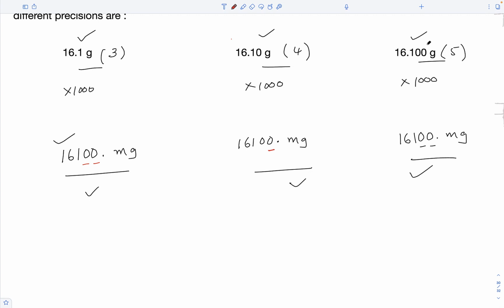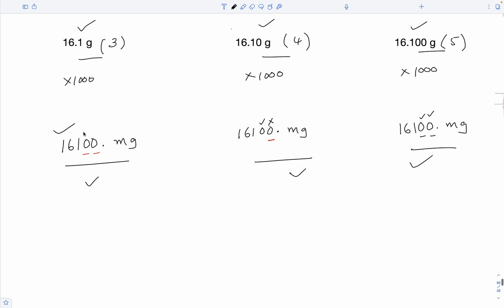And you know, trailing zeros in the decimal part of a number are significant. They contribute to the precision of the measurement. I explained that before. So in this measurement, these two zeros are significant because they came out of the measurement process. In this case, one of the zeros is significant and the other one is not.